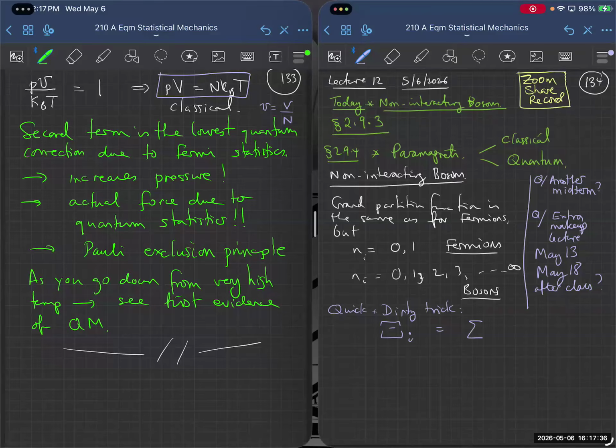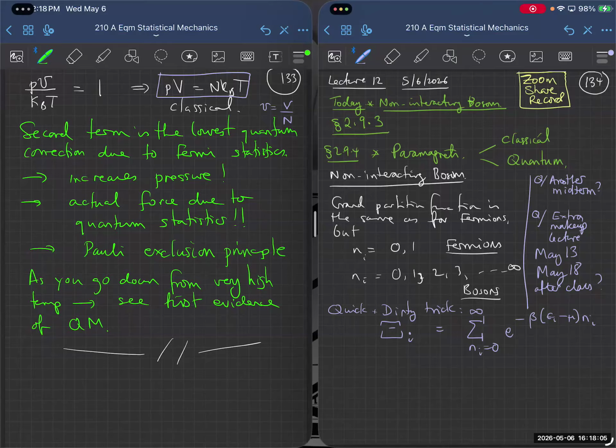So we just say the grand partition function for a single particle quantum state labeled by i now goes from n_i equals 0 to infinity, and then the Gibbs distribution, which is e to the minus beta times epsilon_i minus mu times n_i. This is slightly different from the fermions. In the fermion case, we only had two terms, the n equals 0 term and the n equals 1 term.